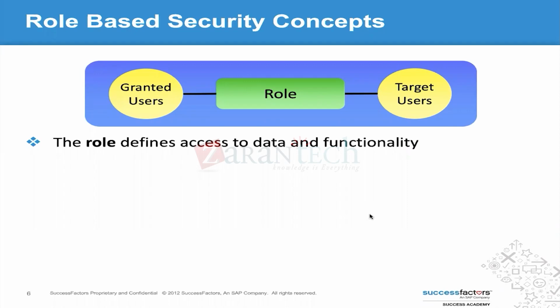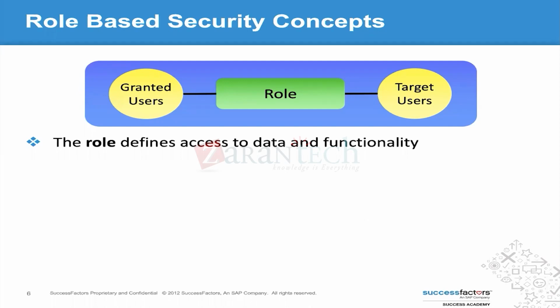Second, functionality: even if I can see the employee's data, can I change the salary of an employee? Having access to do promotions or salary increments is a functionality. Seeing the salary data is data visibility. So both permissions, access to the data and access to functionality, are defined as part of the permissions.